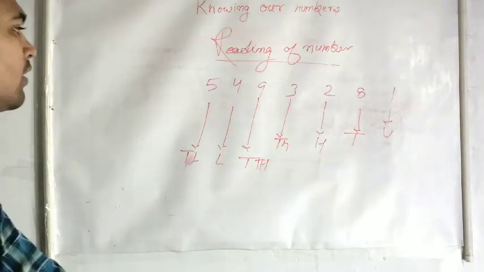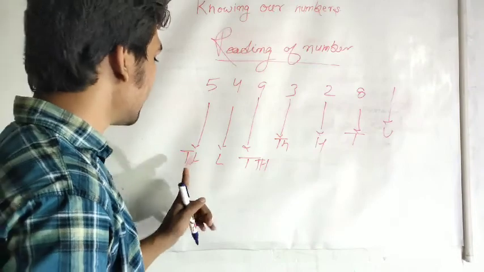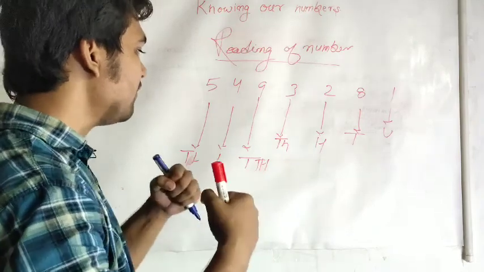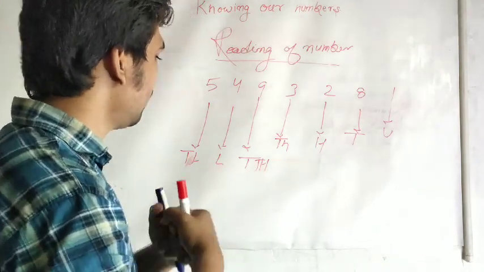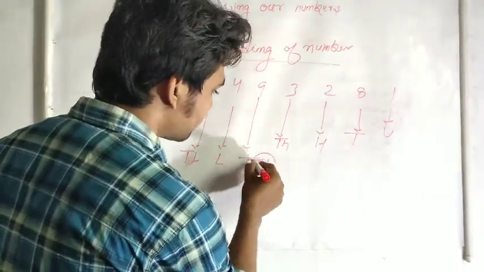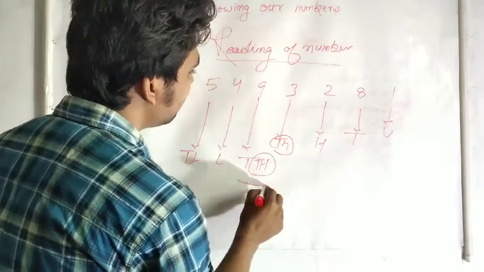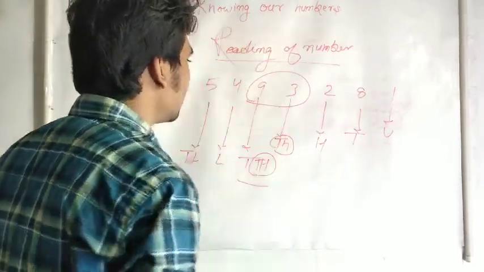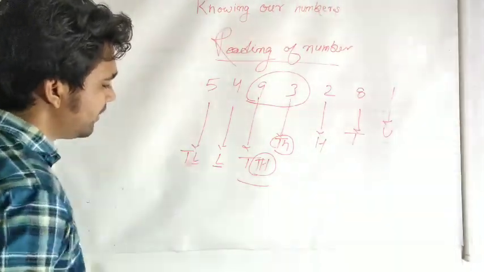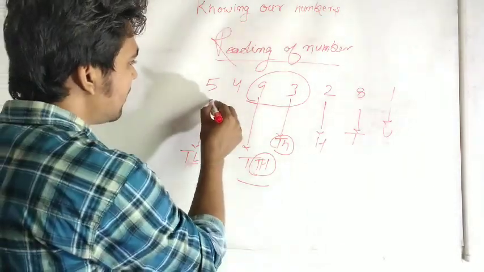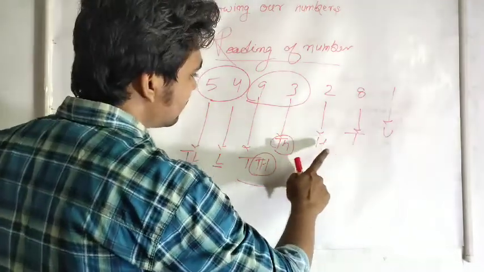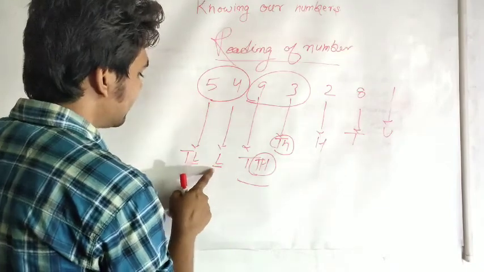When we read numbers, we amalgamate, or mix, those places which contain the same name. Here is the 1000 and here is the 1000, so we will read this number collectively. Again, lakh and lakh are given in both, so we will read it collectively. Unit, tenth, 100, 1000, 10,000, lakh, 10 lakh.